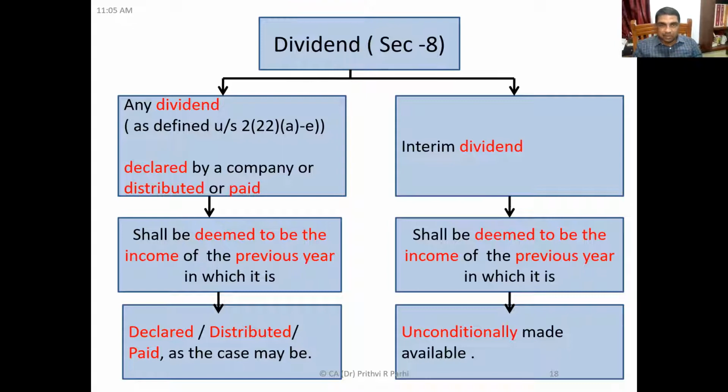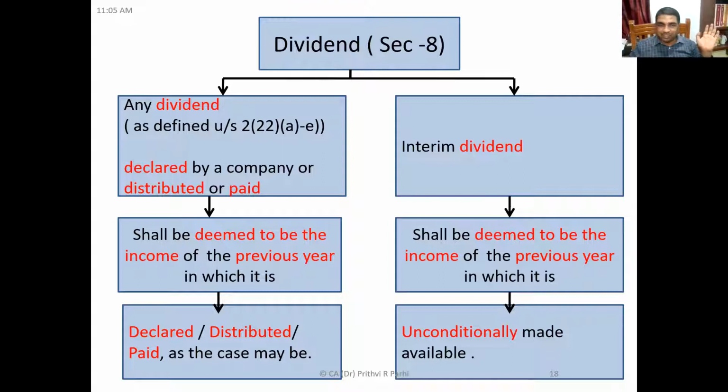Yes, sir. But if it is not a final dividend, if it is an interim dividend, some companies declare an interim dividend during the year, meaning this is not the final dividend. And this interim dividend shall be deemed to be income of the previous year in which it is unconditionally made available.